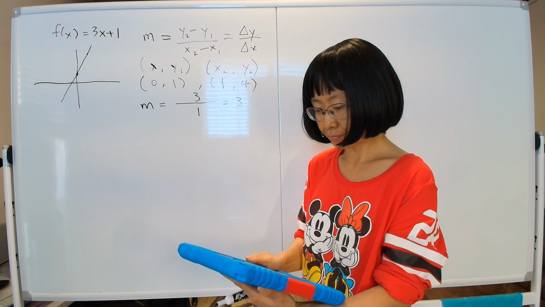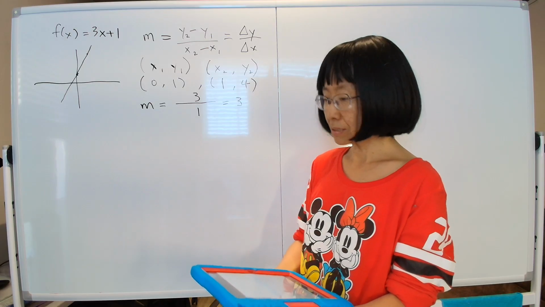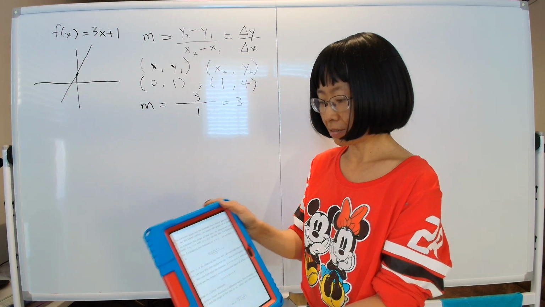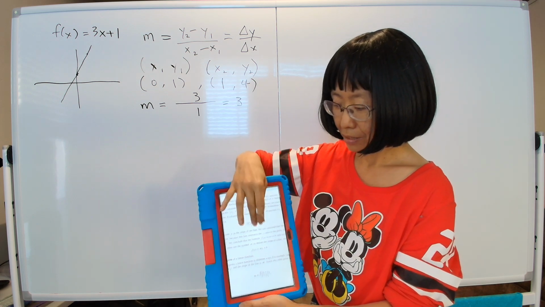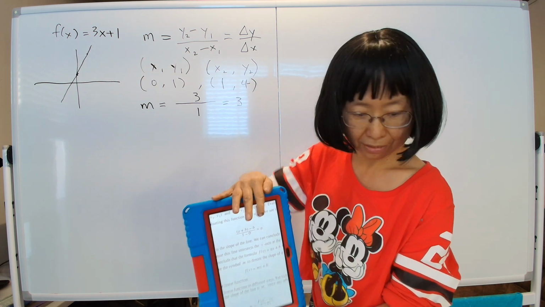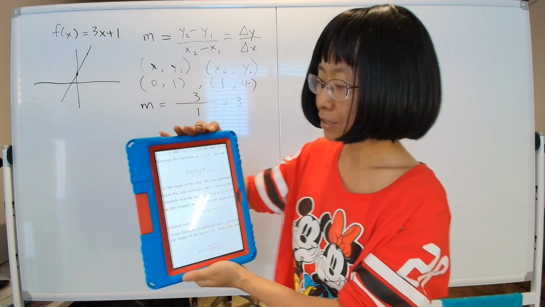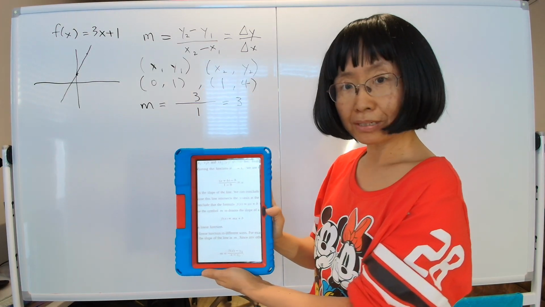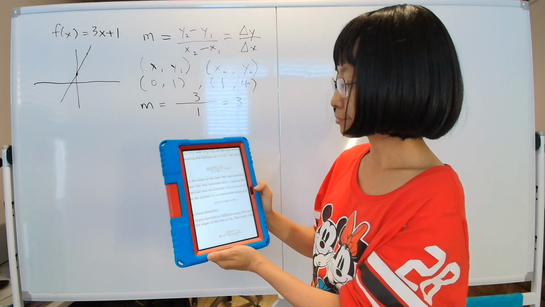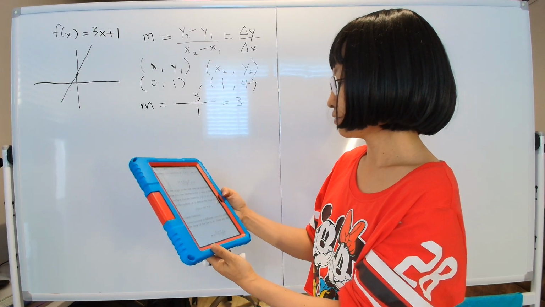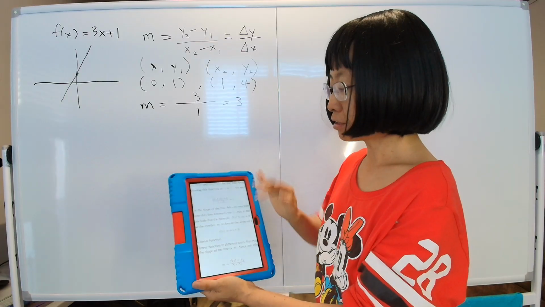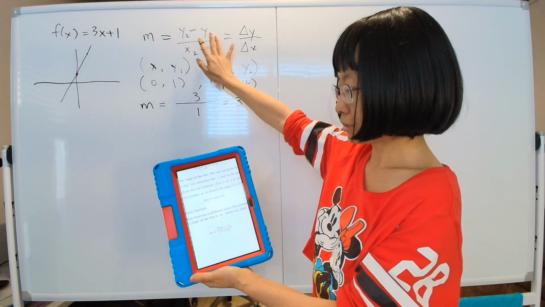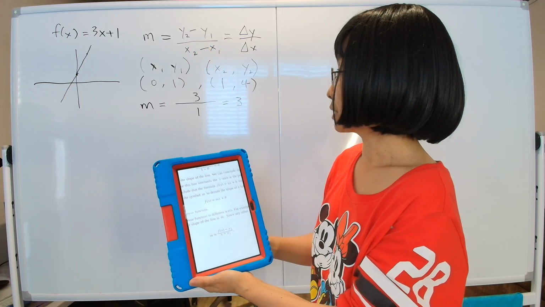So then we have the slope-intercept form, which is f of x equal to mx plus b. Okay, I'll just show it to you on the screen here. I hope you can see it. Anyway, doesn't matter. You have the book. So f of x equal to mx plus b is the slope-intercept form, and then the slope, of course, is y2 minus y1 over x2 minus x1.